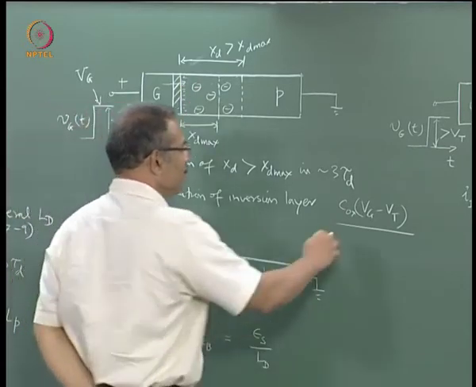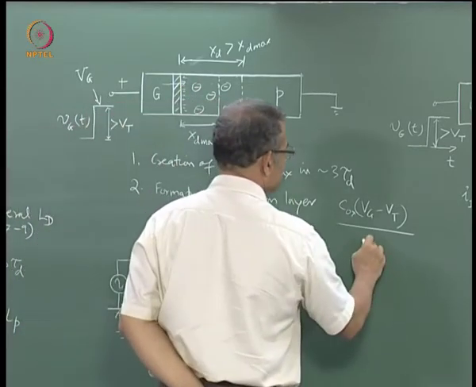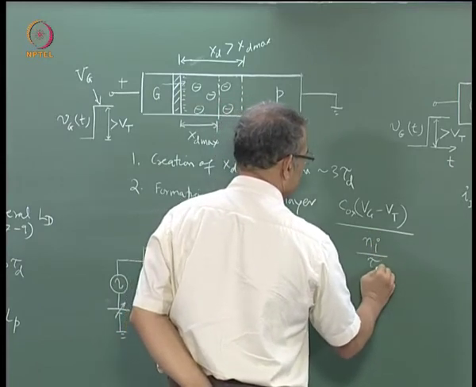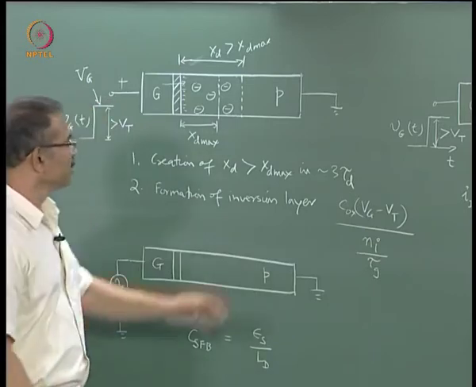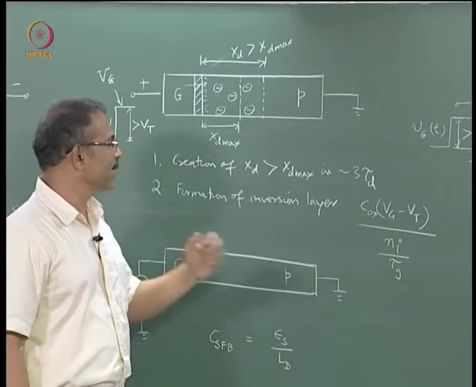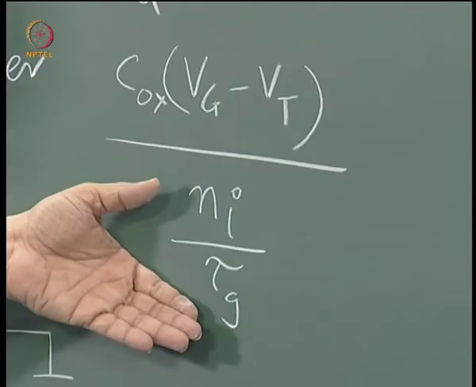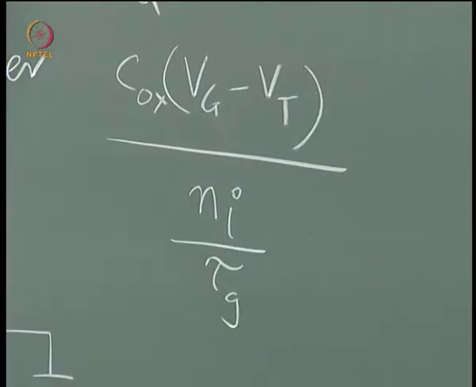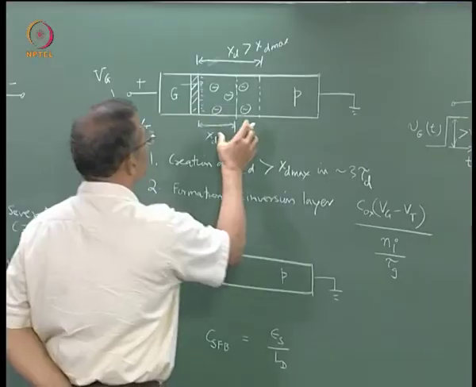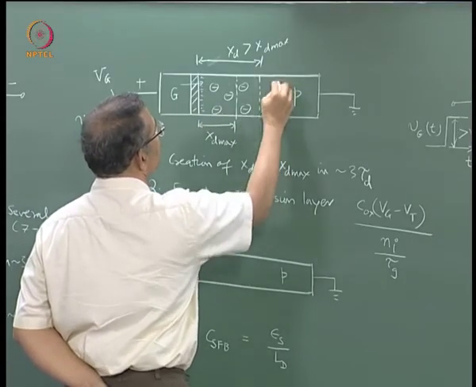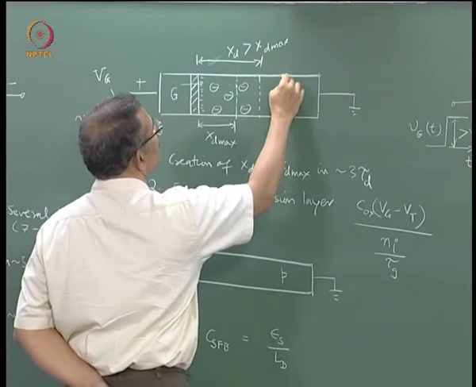Now you know the formula for generation rate is Ni by tau g. This is the generation rate from our SRH theory. Here the generation time constant is equivalent to the lifetime. Generation will happen in the depletion layer as well as within a distance from the depletion layer.